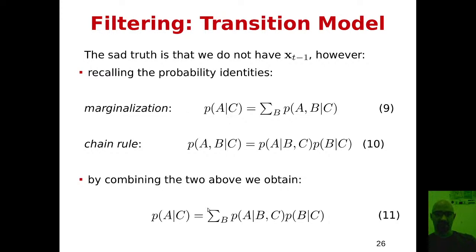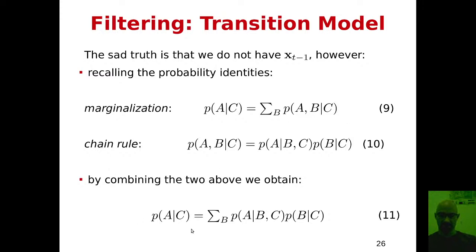If we combine this and this, it's not a surprise that we can directly obtain P of A given C, which is equal to the marginalization of the joint distribution that is then expanded through the chain rule.